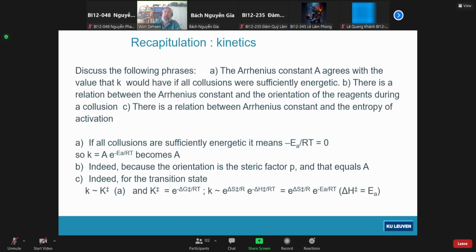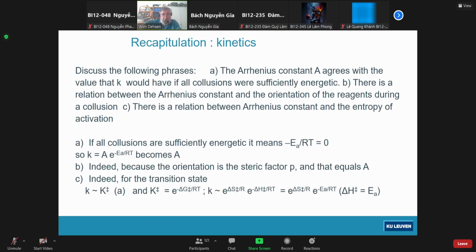Well, that's something that we have seen. We have talked about the steric factor P. And P is indeed nothing else than A. So you can relate the both theories, the collision theory and that of Arrhenius, to each other.